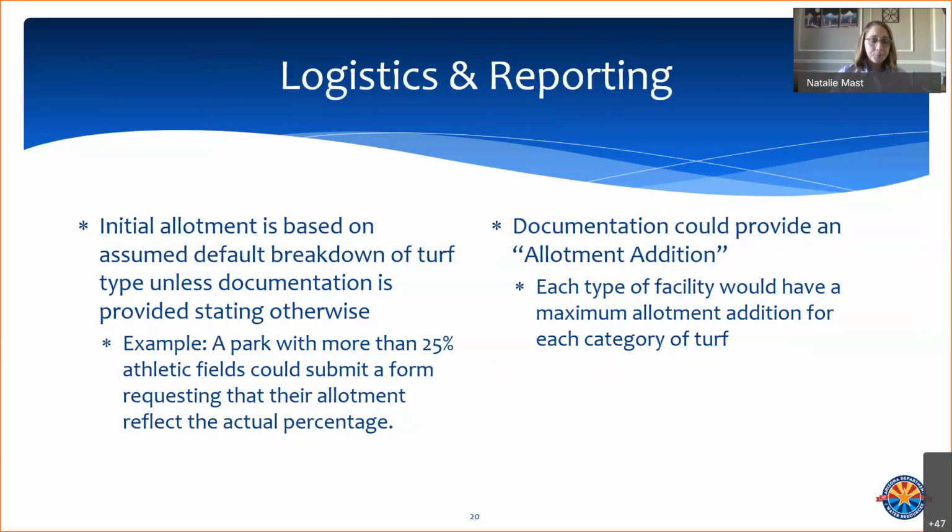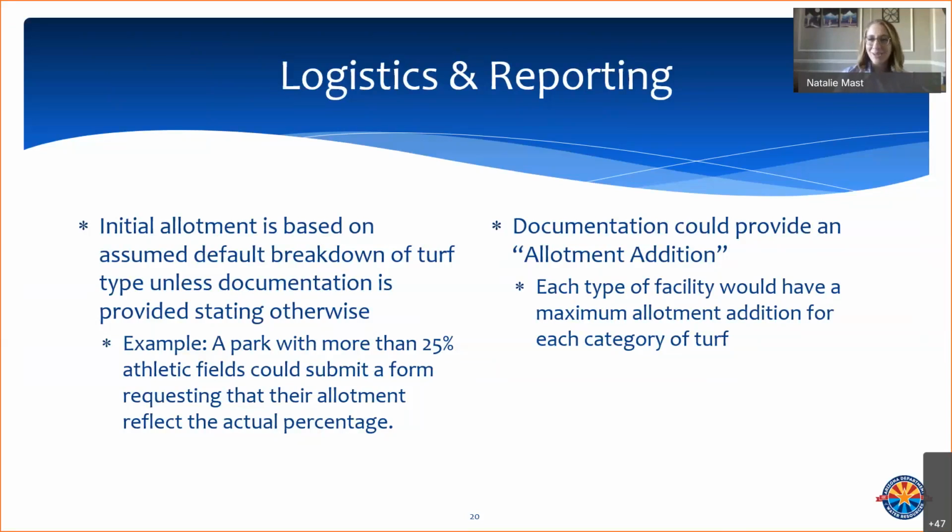So I know that's a lot of words to say something that's intended to be pretty simple, but essentially, with this method, we could have these default percentages and also add some flexibility into the program by allowing those facilities who have a high percentage of athletic turf to get some kind of adjustment or allotment addition there.